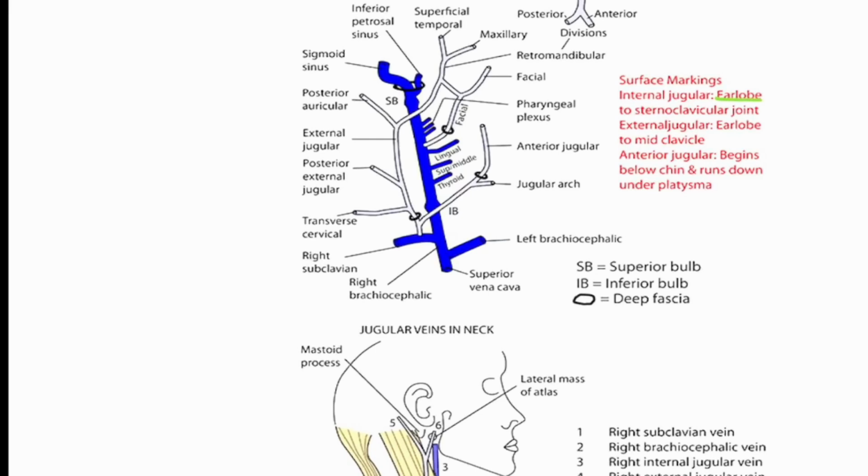This is the left brachiocephalic. This is the right internal jugular vein combined with the right subclavian. And this is the external jugular vein connected with the right subclavian. This is the anterior jugular vein.